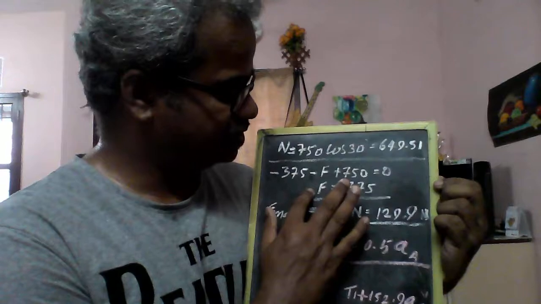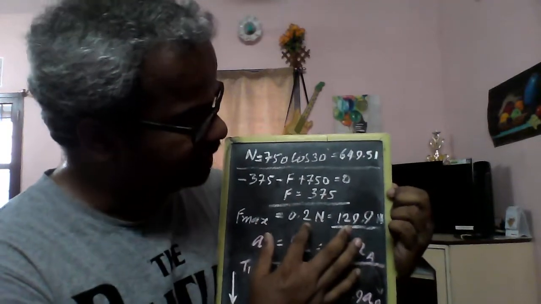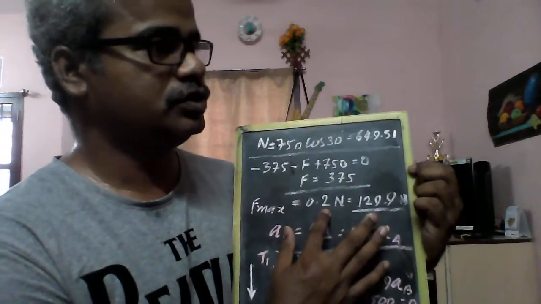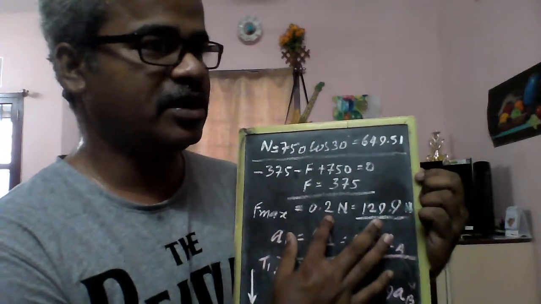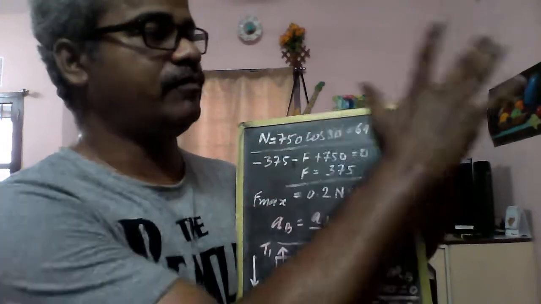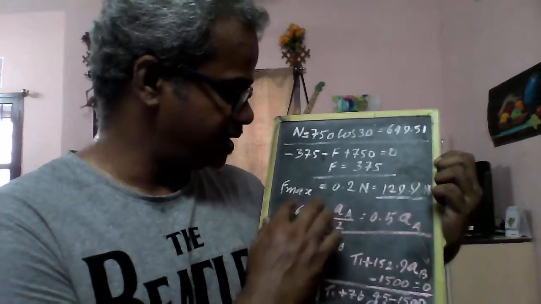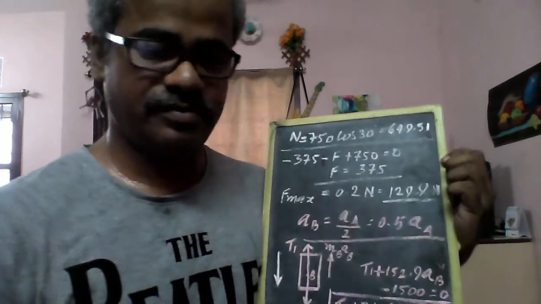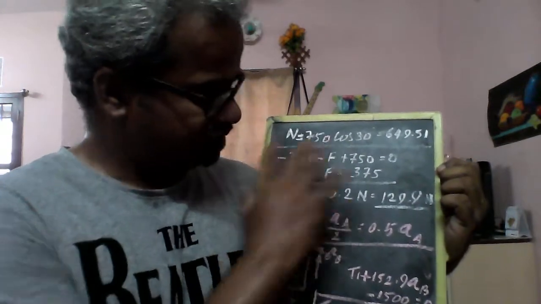So the frictional force we have assumed, 375, is more than the maximum frictional force, so the body cannot be at rest, it will be moving upward. So we have found that the body is moving upward.